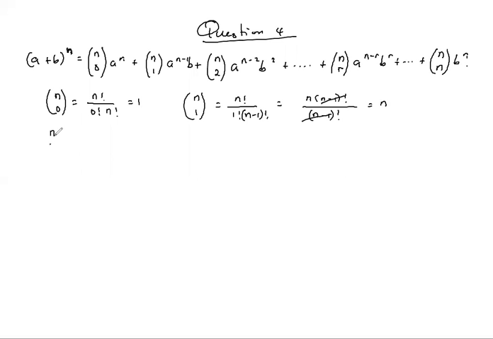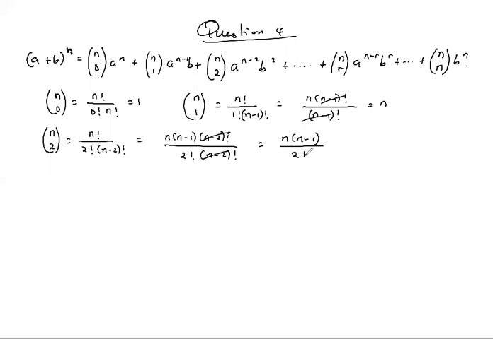If we choose to solve nC2, then we'll get n factorial over 2 factorial times (n minus 2) factorial, and this is n(n minus 1)(n minus 2) factorial over 2 factorial times (n minus 2) factorial. But this part and this part can cancel, and then we get this over 2 factorial. We can keep going.